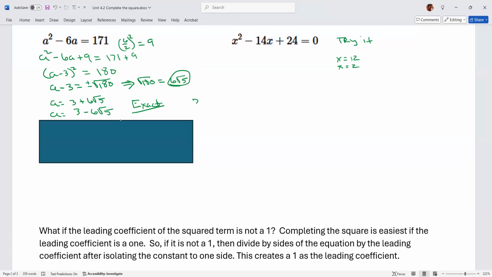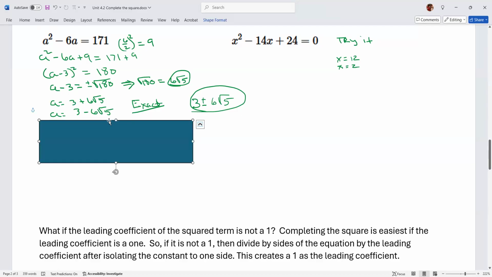If you have the choice in your software, you could do 3 plus or minus 6 square root of 5. So this is really two solutions right here. These cannot be combined together because they're not like terms. So these are exact answers. This is what you would leave it as.